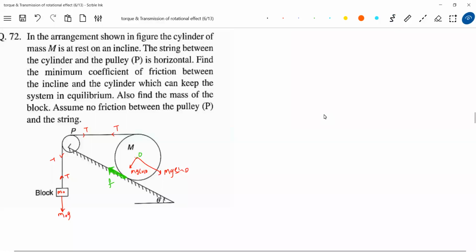This is R bar, this is F. It will be clockwise, while the torque due to tension will be anti-clockwise. So therefore the friction, I should assume like this.